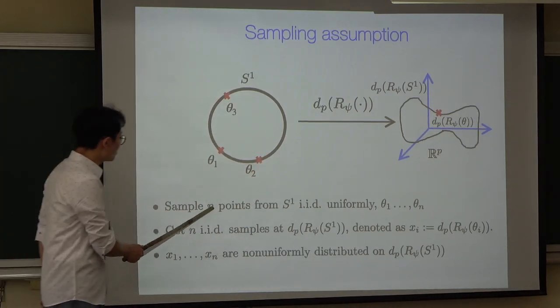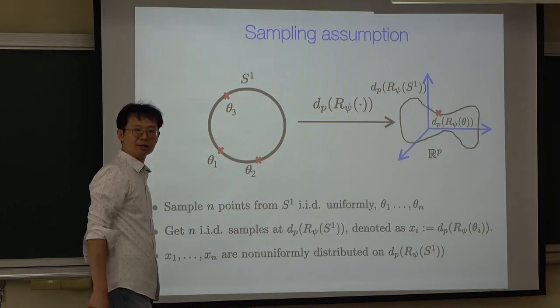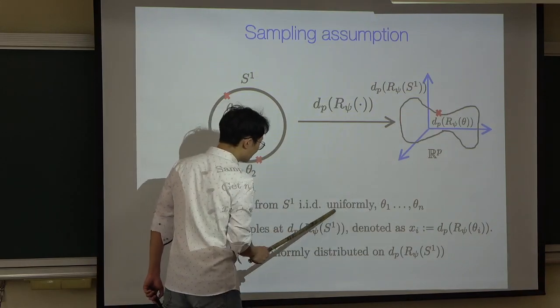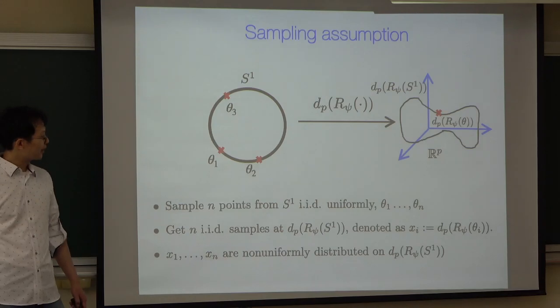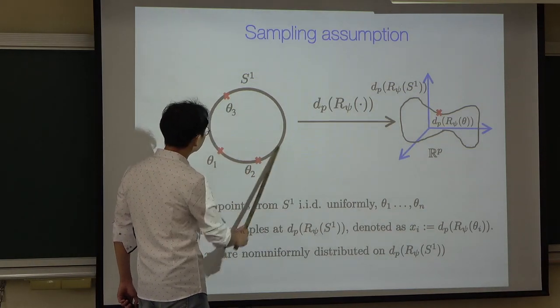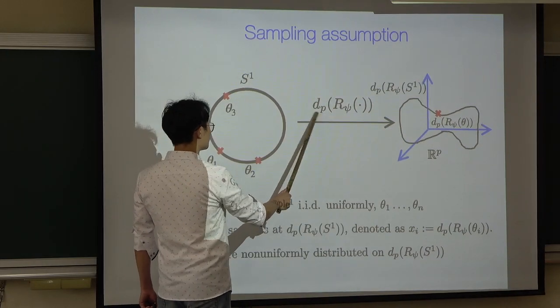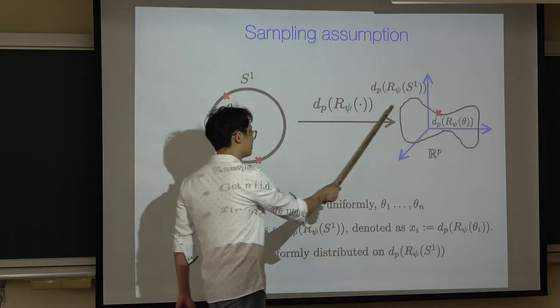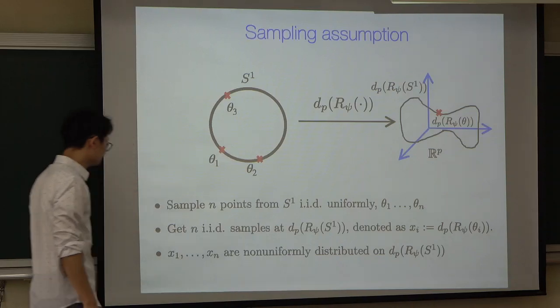So we will sample n points from S1, IID, uniformly. We assume uniformly right now, and we'll discuss why we need uniform sampling later. But no matter what, it is uniform here, but because of the Radon transform and discretization, this is a nonlinear operator. What you get will be a non-uniform sampling on the right-hand side manifold.